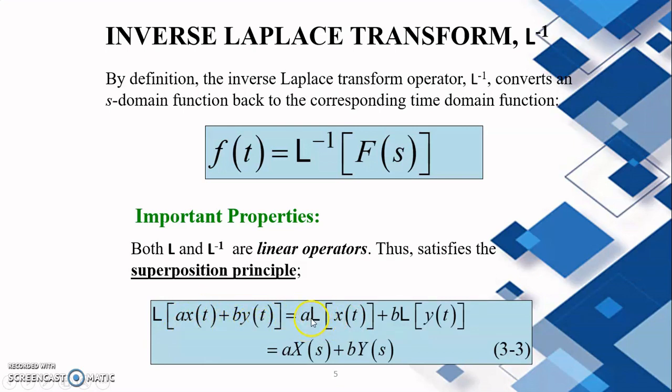So we take out both, a and b, and write the Laplace operator for the first expression plus b times the Laplace operator for the second expression. Then by doing this Laplace, we convert x(t) into X(s), from the t function to the s function, right? So we can write it into this expression.